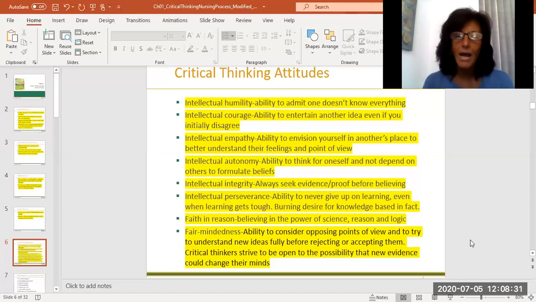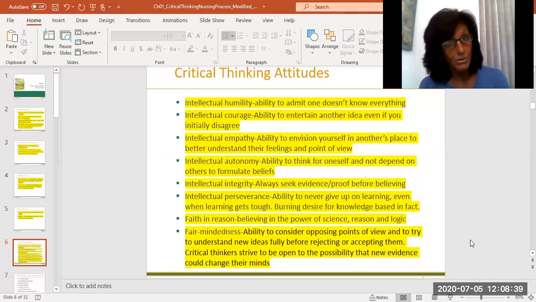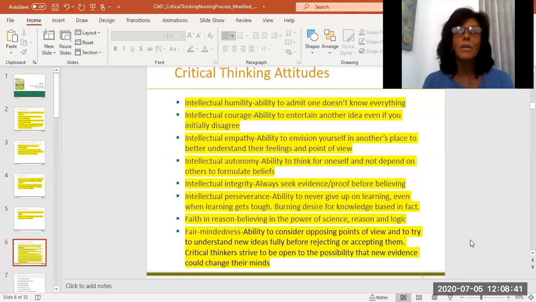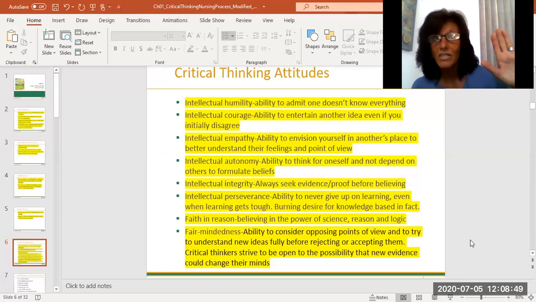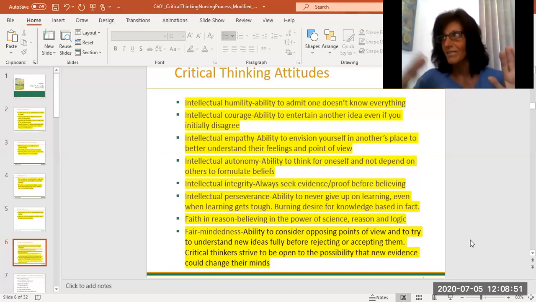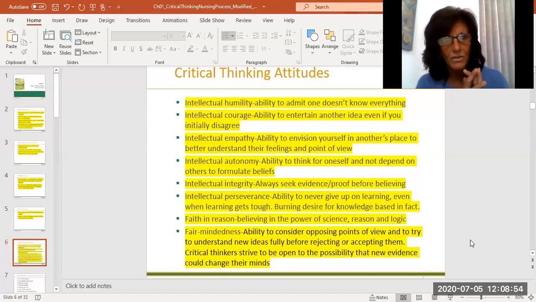It is very, very healthy to be open to the possibility of new evidence. I've been doing it this way for 35 years. You've been doing it wrong. You have to keep an open mind, okay? And when presented with evidence that says, well, I know you've been doing it this way for 35 years, but evidence-based research has shown us that this is a better way to do it for the patients, right? So you have to have the ability to change your mind, okay?